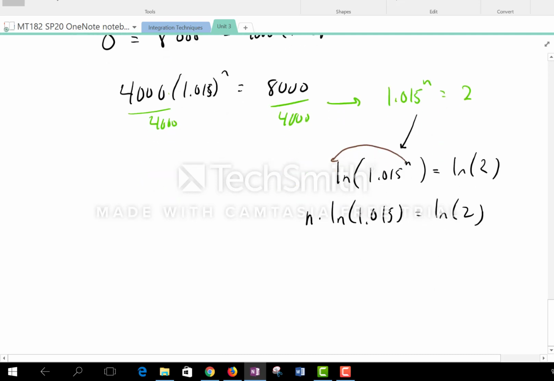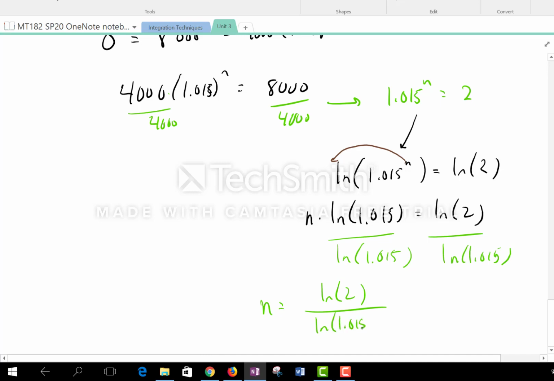And now that's just a complicated looking linear equation, which we can solve by dividing both sides by the natural log of 1.015 to get our result. n is equal to the natural log of 2 divided by the natural log of 1.015. And if you approximate this out, you're going to get about 46.55. And that would be years. Alright, so that'll be how long it takes for the fish population to decrease to 0.